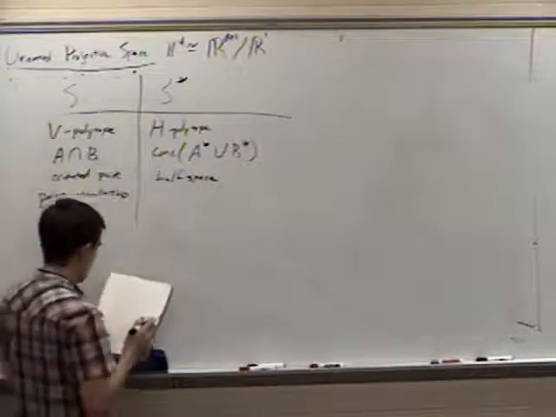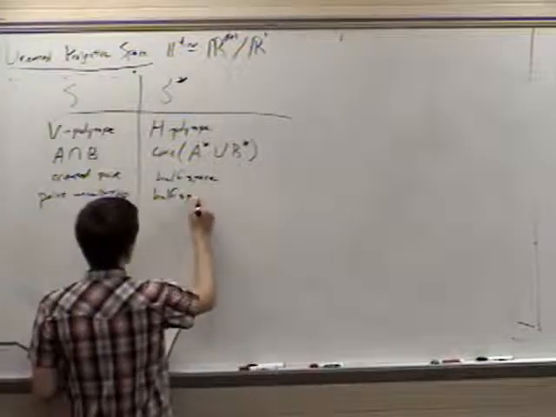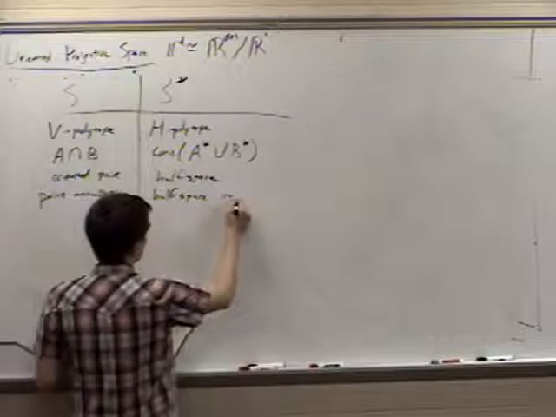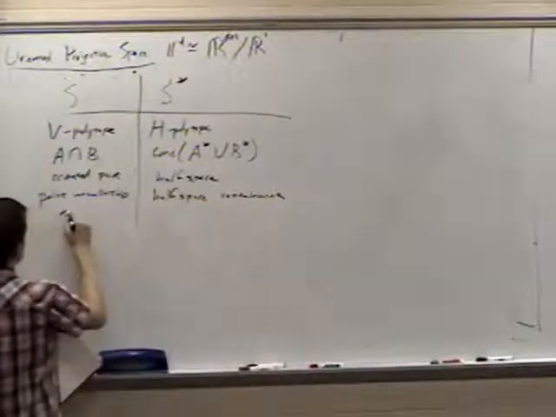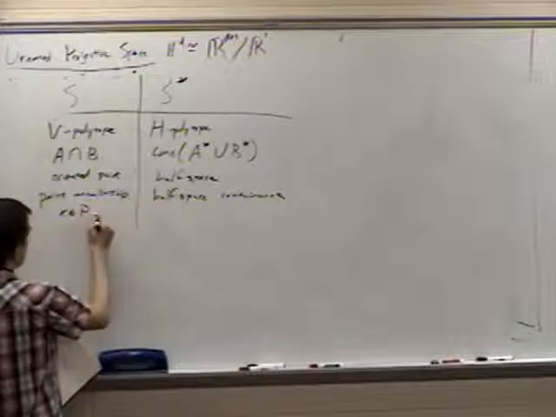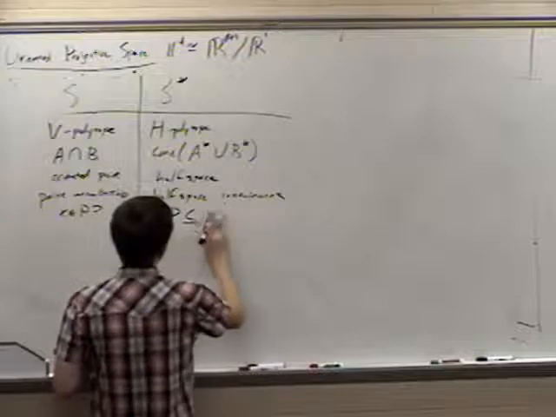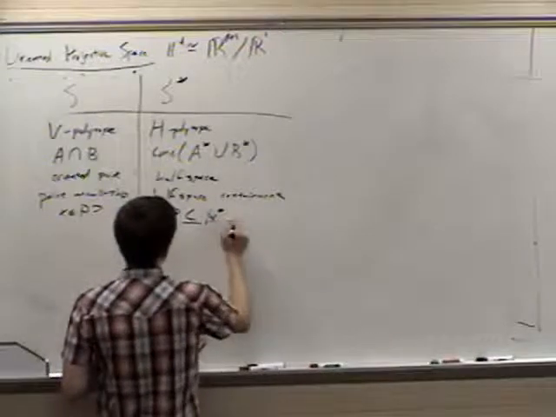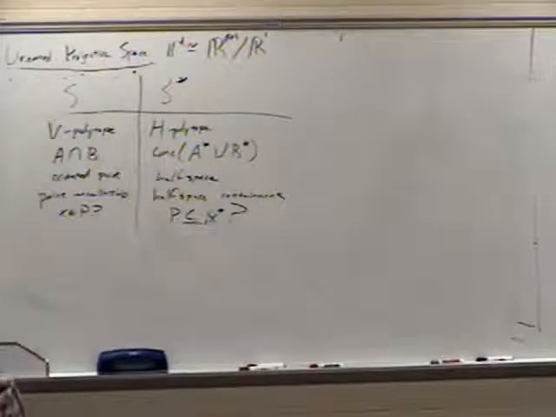We'll turn it into the problem of half space containment. Another way to say this is we'll say x in P, and then this will basically say P contained in X star, the dual half space, right? So those two problems are dual to one another.